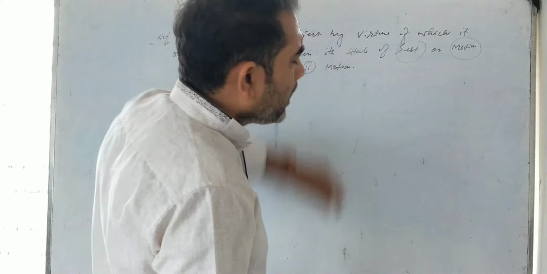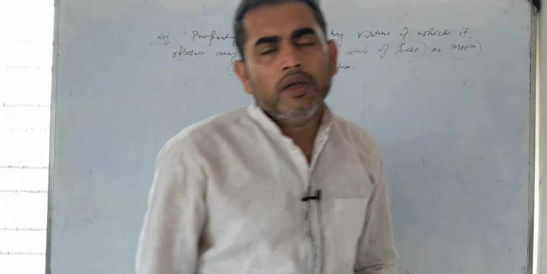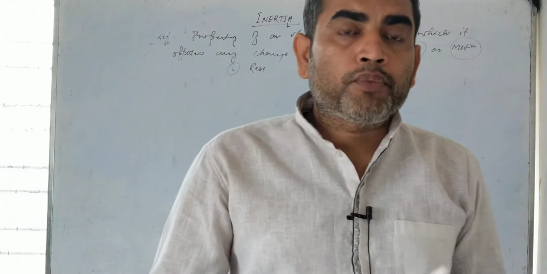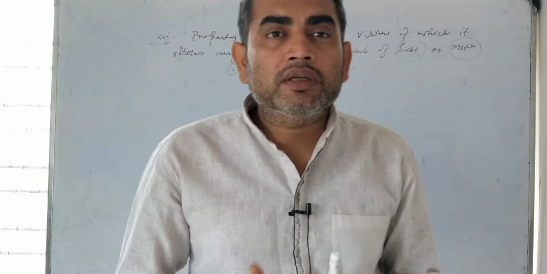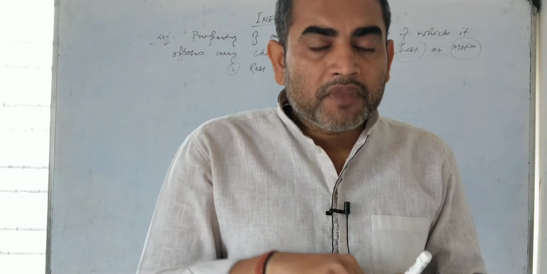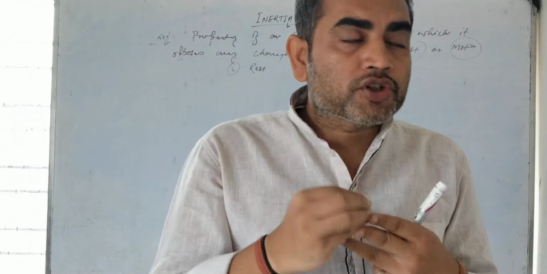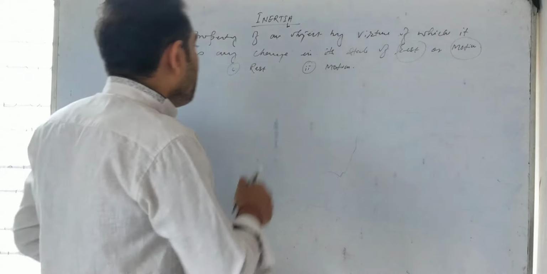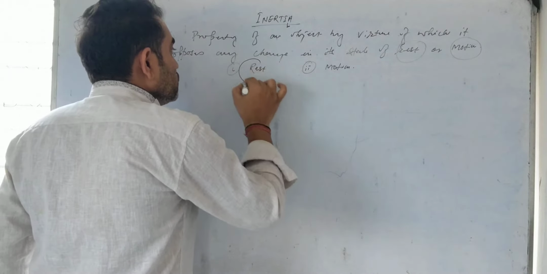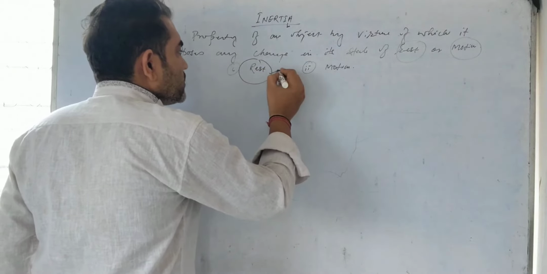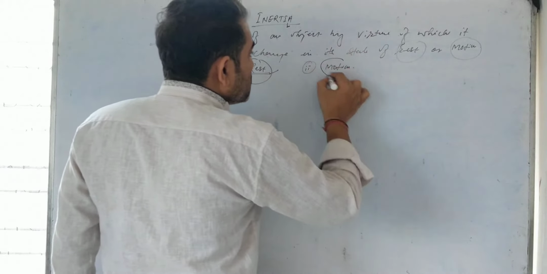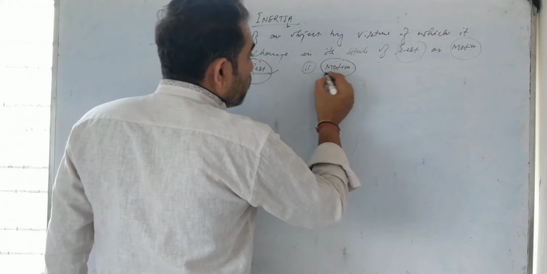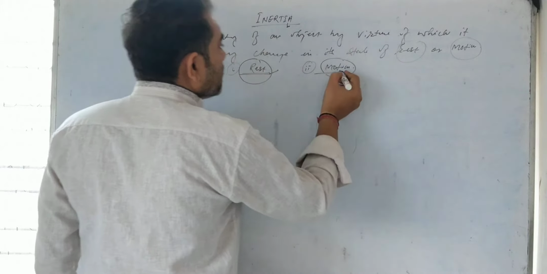In the same manner, the inertia of motion is the property of an object by virtue of which it opposes any change in its state of motion. So when it opposes a change in its state of rest, that is the inertia of rest, and when it opposes a change in its state of motion, it is said to be the inertia of motion.